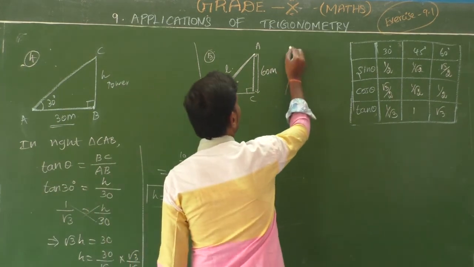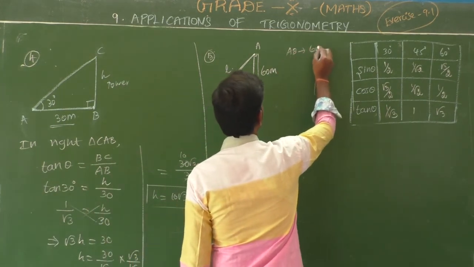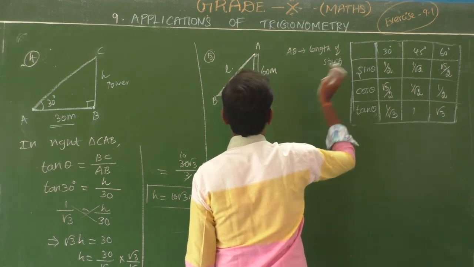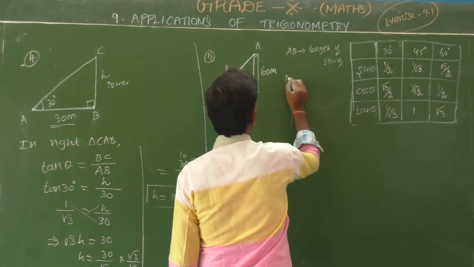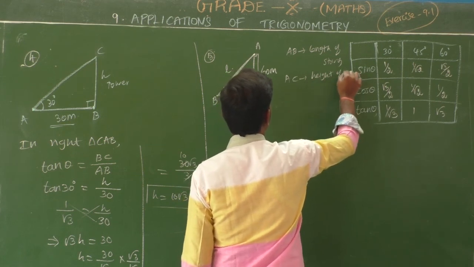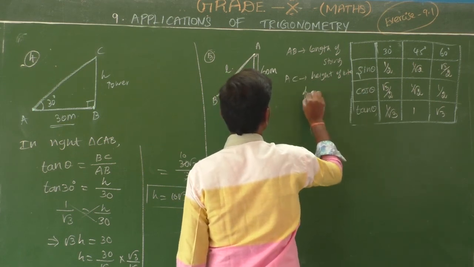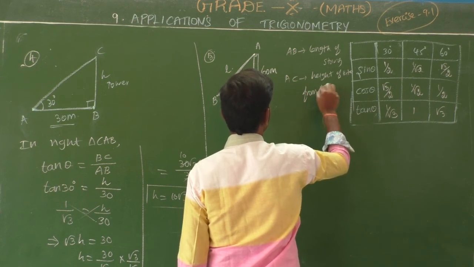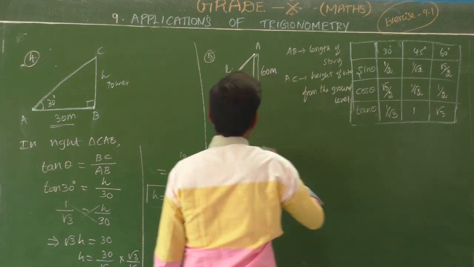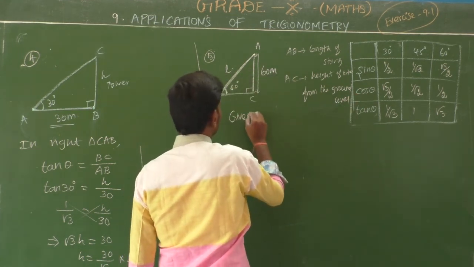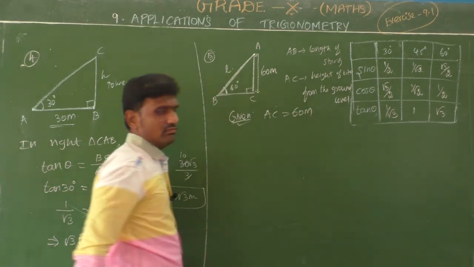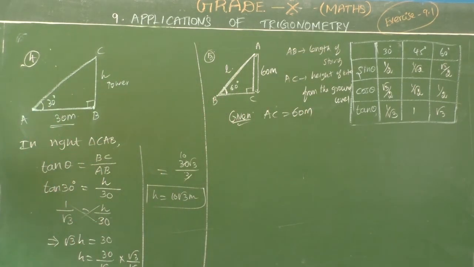Now AB be the length of the string, and AC be the height of the kite from the ground level. If you need to write it like this, no problem. Now given AC is equal to 60 meter.